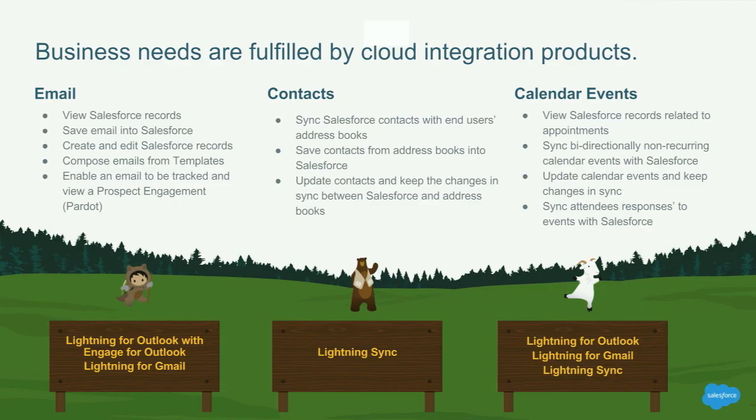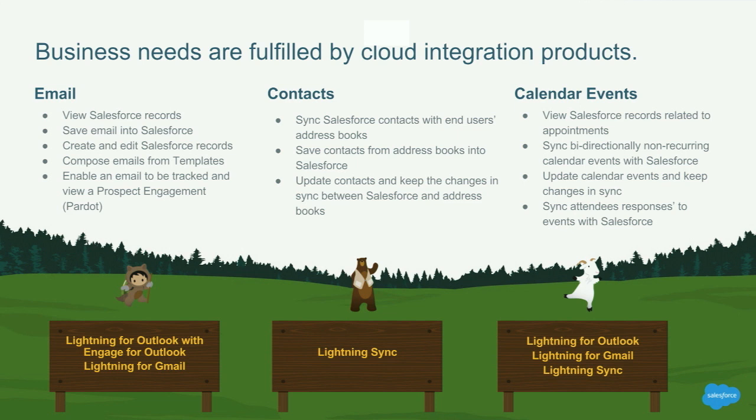They can compose new emails using templates and save those emails specifically to Salesforce records. Additionally, they can edit and create records right from the email applications, all without having to toggle back and forth between Salesforce and that email application.